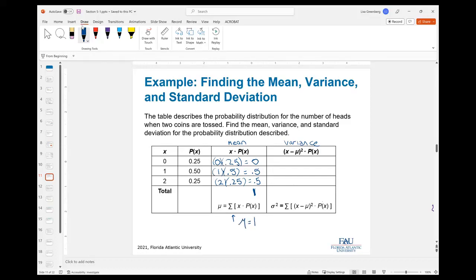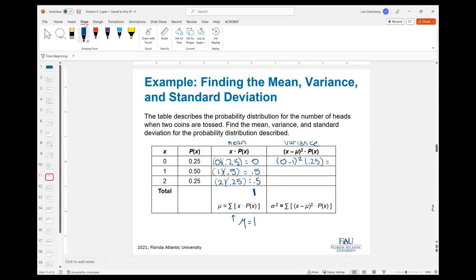Okay, now let's do the variance. So we have x is 0, mu is 1, we square it, and we multiply by p of x, which is 0.25.